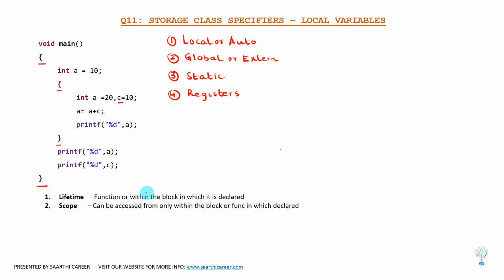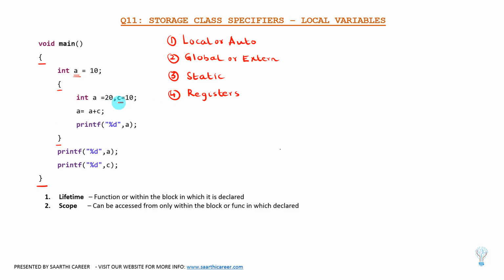Now the second point which is associated with it is scope. Scope is basically where all you can access the local variables. So a local variable can be accessed only within the function in which it is declared. Like this variable a, it cannot be accessed in another function or within the block in which it is declared.